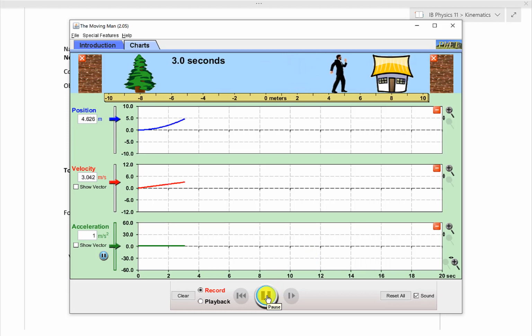Okay, notice there's a few things. I'm going to stop before he crashes into the wall. On a position time graph, we've seen this before, a nice looking curve where the slope is constantly increasing, showing you an increase in velocity over time. And on a velocity time graph, it shows just that.